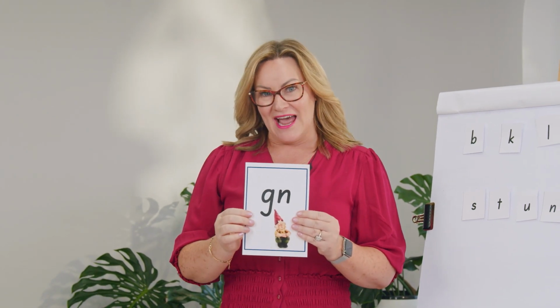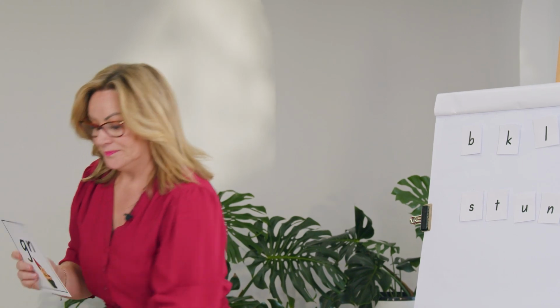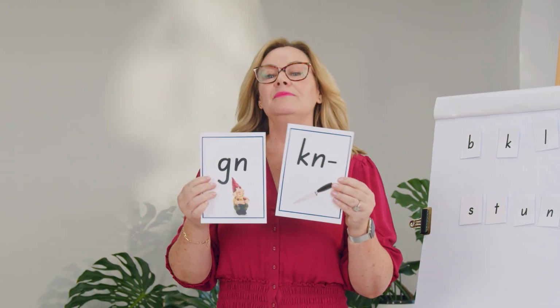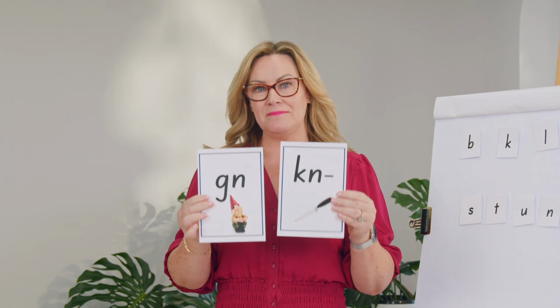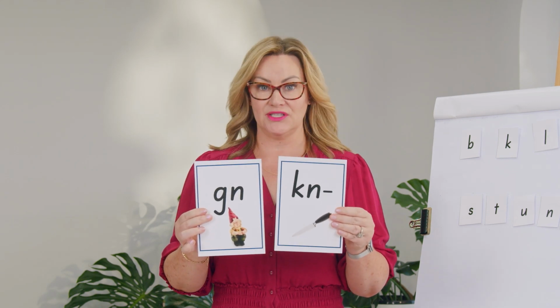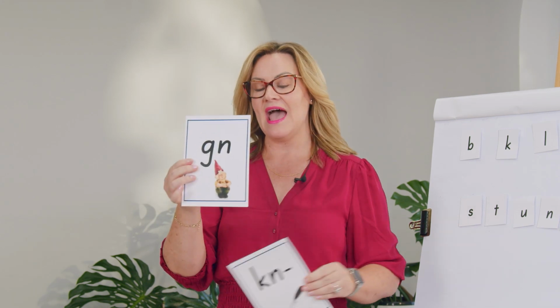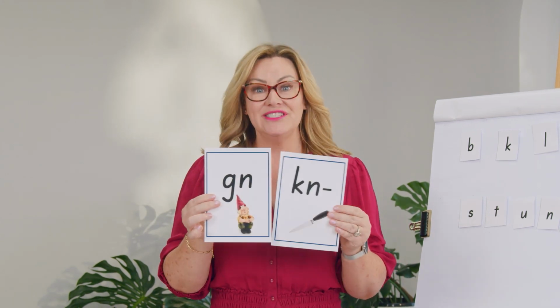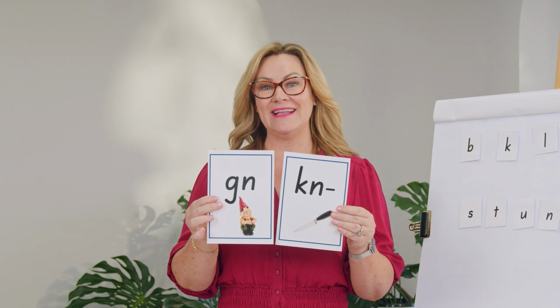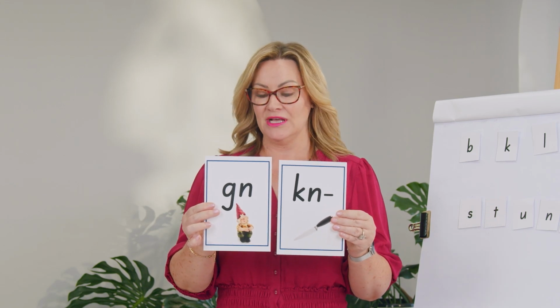Just like yesterday with this one, it comes from many hundreds of years ago, where these graphemes, the K and the G, used to be pronounced. Old English from Old Germanic languages.